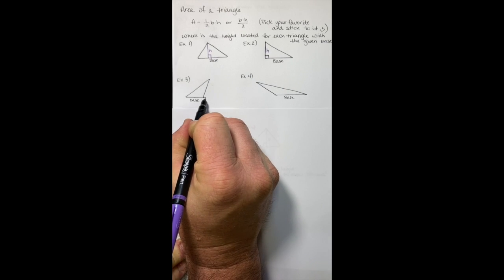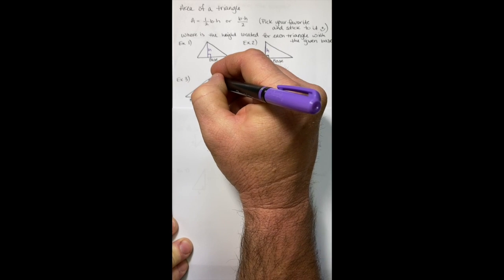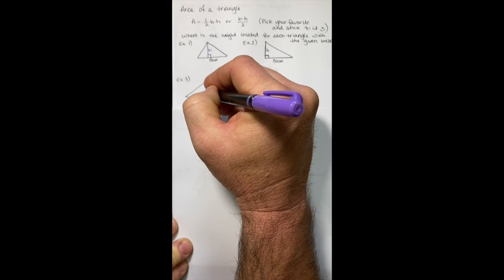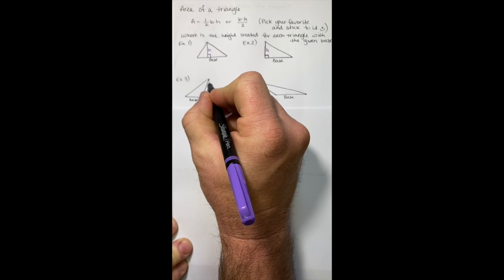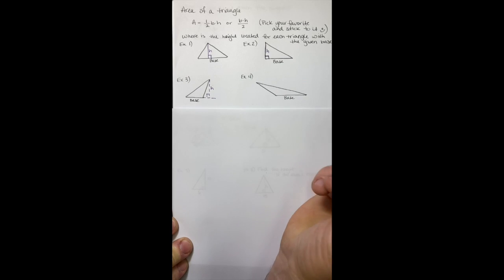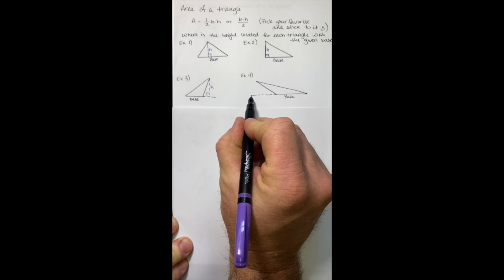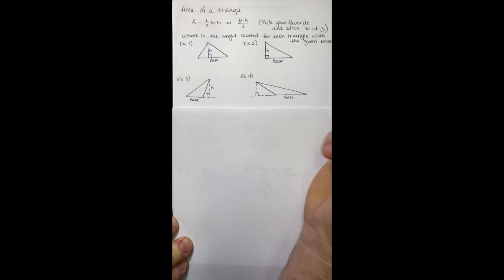So I'm going to draw a base out here, just continue it until I can confidently make a 90-degree angle. So this outside dotted line here would be my height. You can see with the triangle in example 4 that it's leaning over towards the left a little bit. So I'm going to take my base and extend it out and create the 90-degree angle there, making that my height.